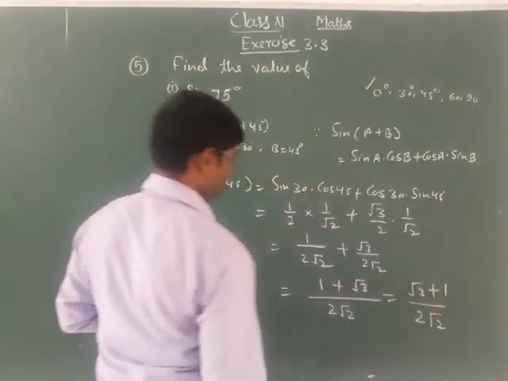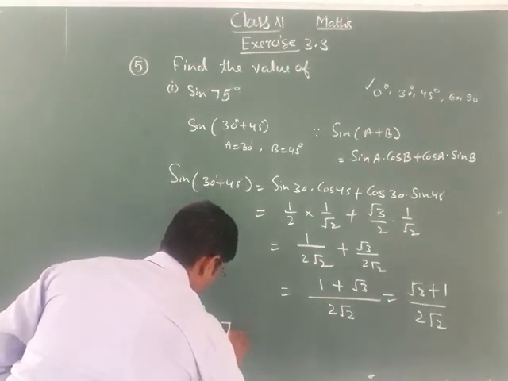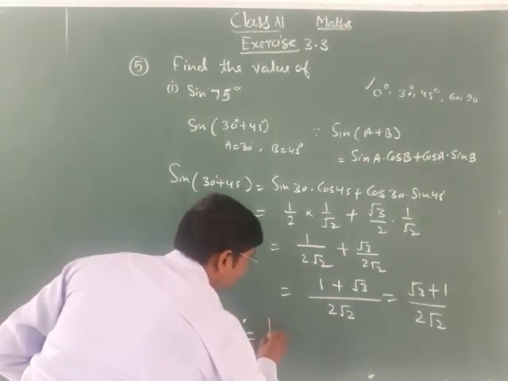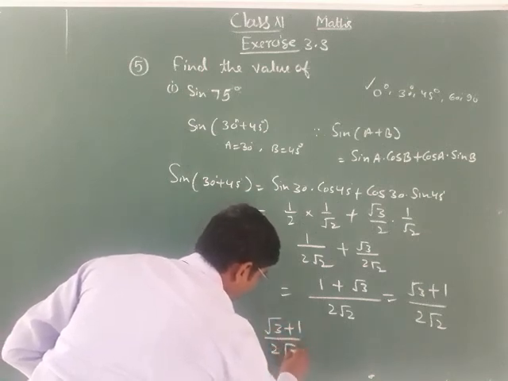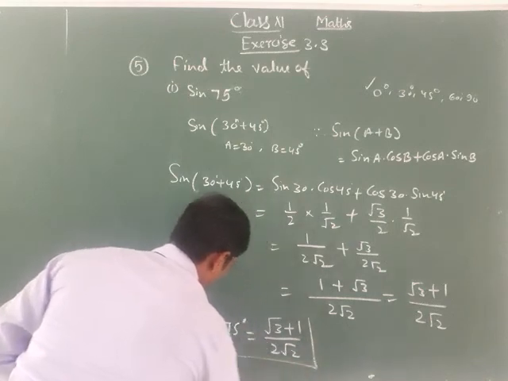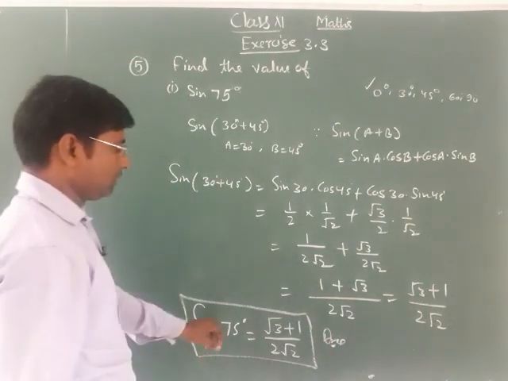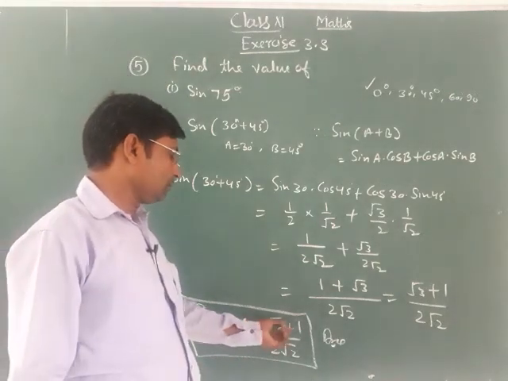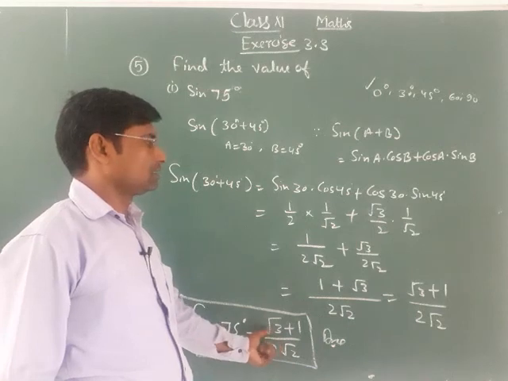So the value of sin 75 degree is equal to root 3 plus 1 divided by 2 root 2. Learn this value: sin 75 degree is root 3 plus 1 upon 2 root 2. This is the answer.